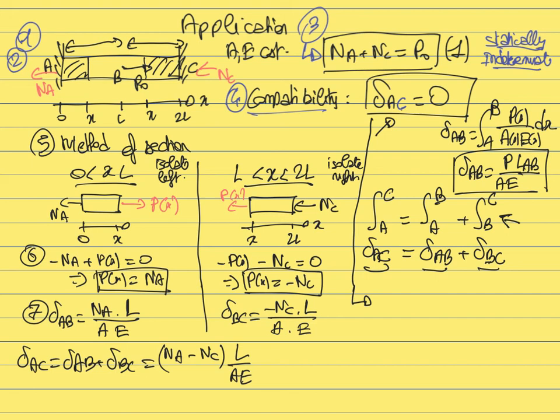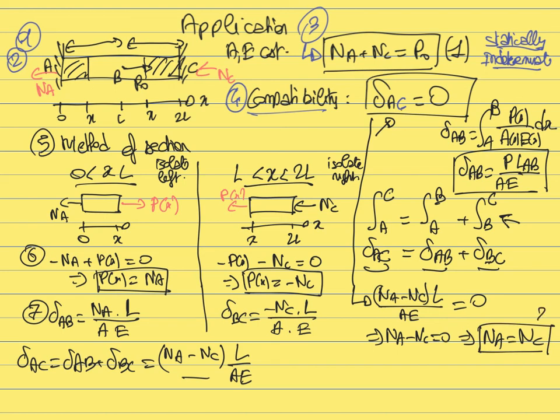So we find that (Na minus Nc) times L divided by AE is equal to 0, which, since L and AE cannot be equal to 0, means simply that Na minus Nc is equal to 0, or that Na is equal to Nc. So this gives us the second equation that we needed to solve this problem.